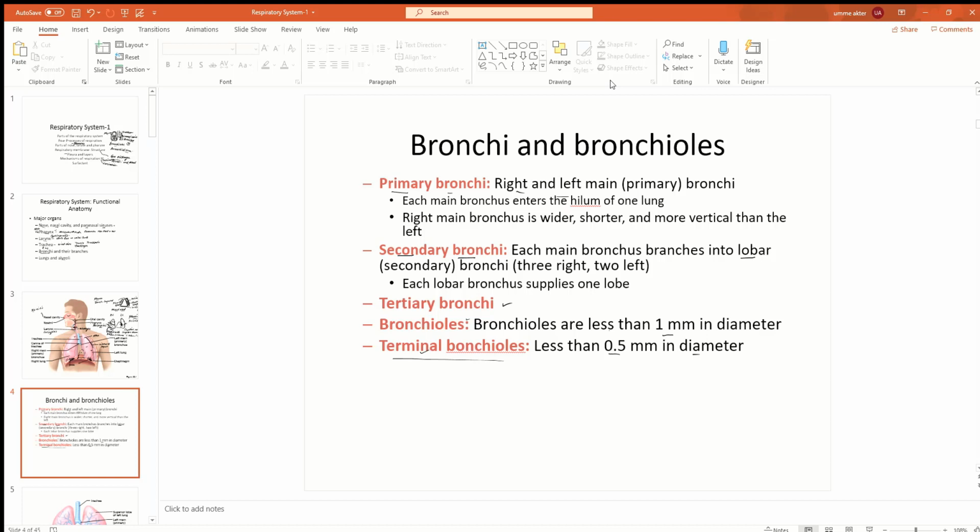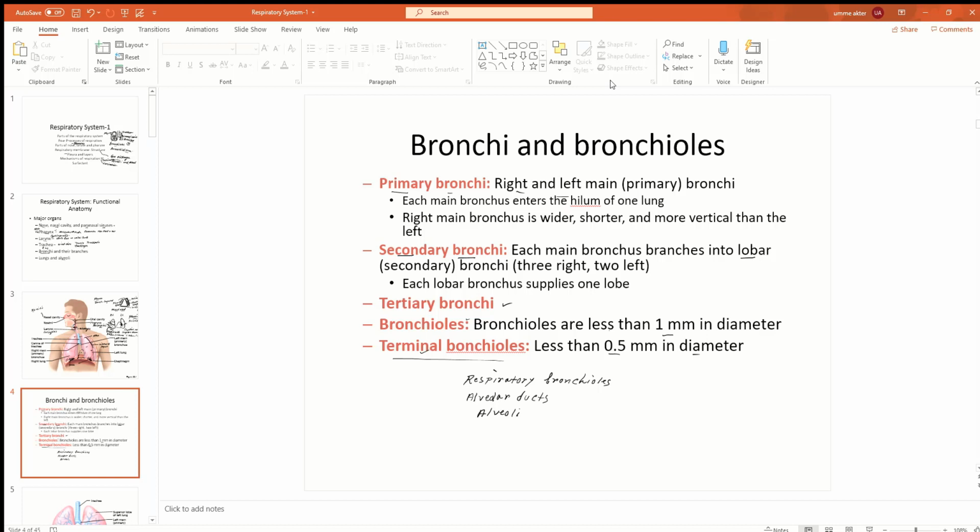What are those three structures? Respiratory bronchioles, then alveolar ducts, and then alveoli.